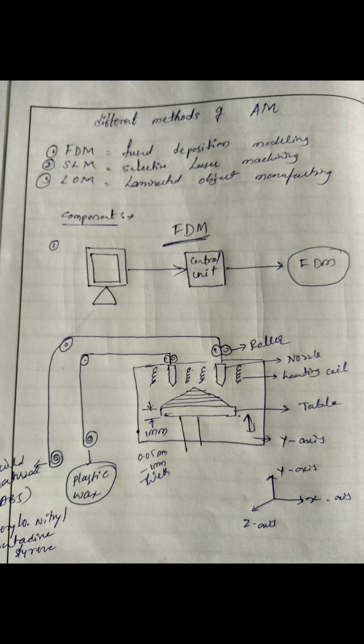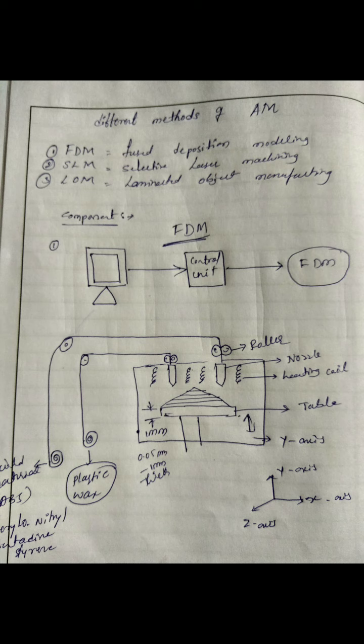Then the minimum thickness of the layer is 0.05 millimeter. So 0.05 millimeter is minimum, 1 millimeter is maximum. This much thickness of material we are going to add in fused deposition modeling. I hope you clearly understand.